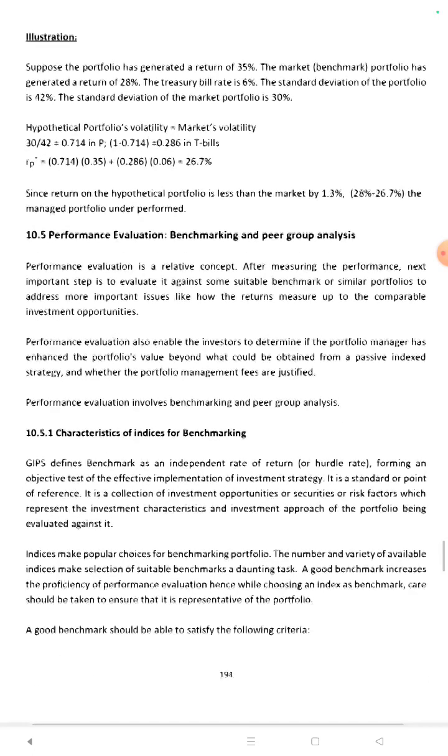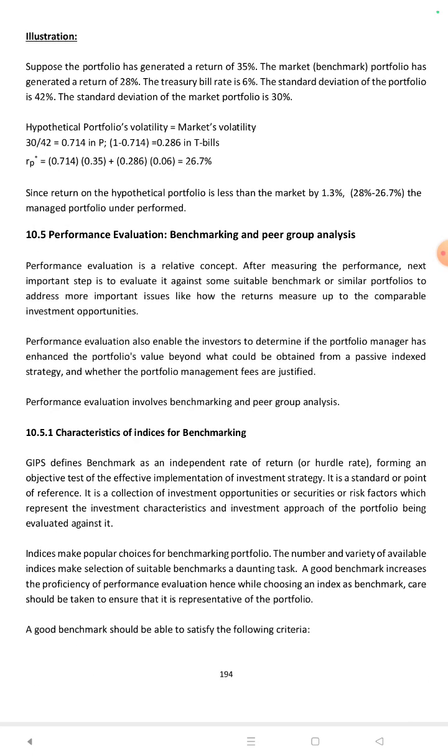Suppose the portfolio has generated a return of 35%, the market benchmark portfolio has generated a return of 28%, the treasury bill rate is 6%, the standard deviation of the portfolio is 42%, the standard deviation of the market portfolio is 30%. The hypothetical portfolio's market volatility is 30 divided by 42, the standard deviation of the market portfolio divided by the standard deviation of the portfolio, which is equal to 0.714.